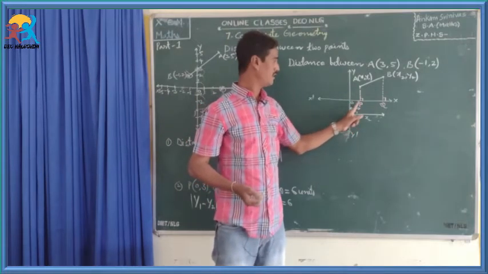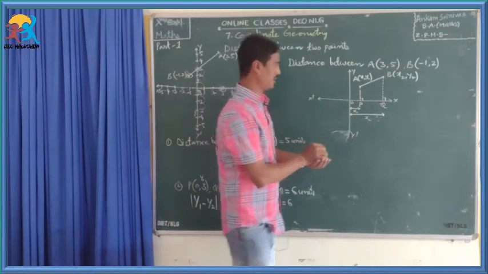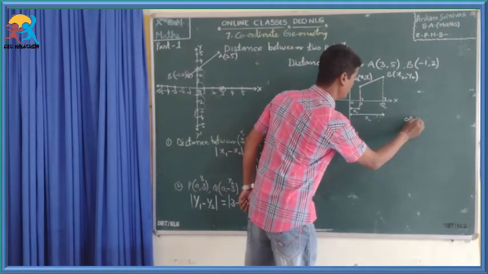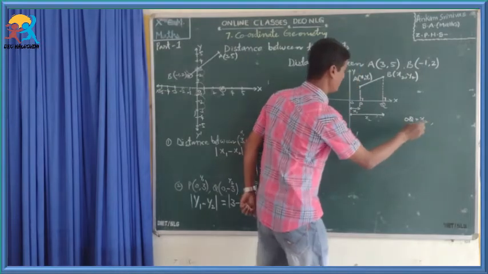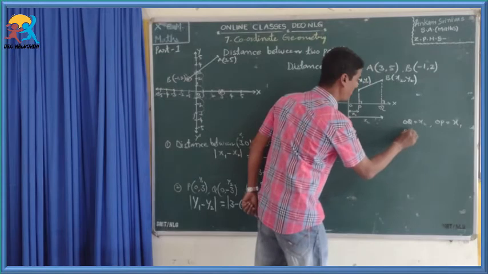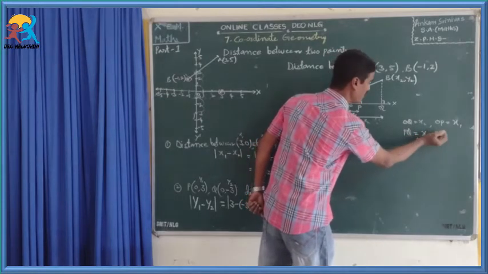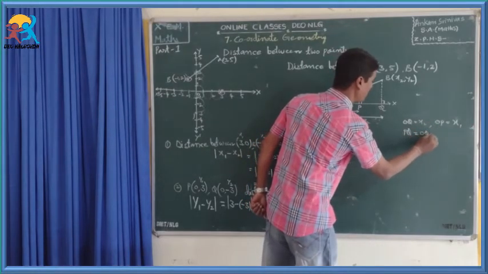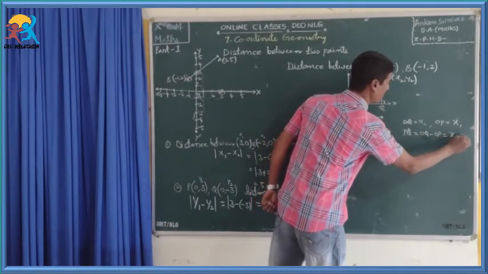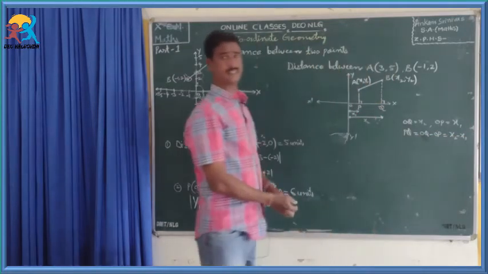We require PQ. Here simply, children, OQ equals x2, OP is x1, then PQ equals OQ minus OP, which is x2 minus x1. You got it?